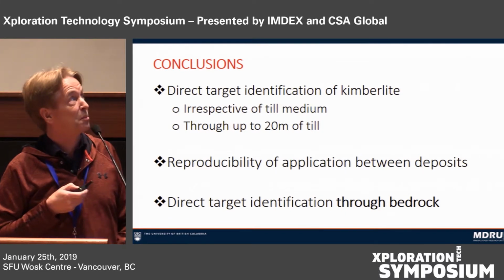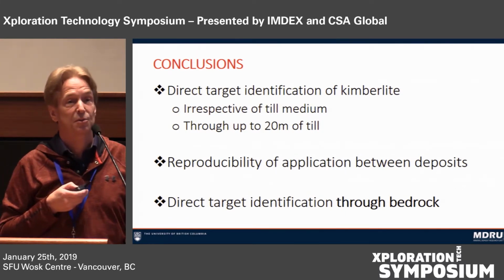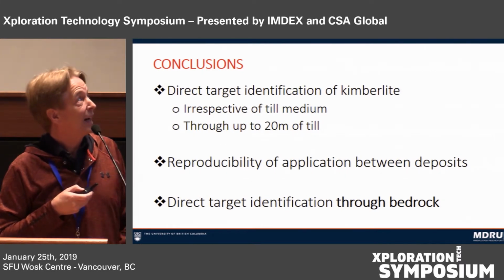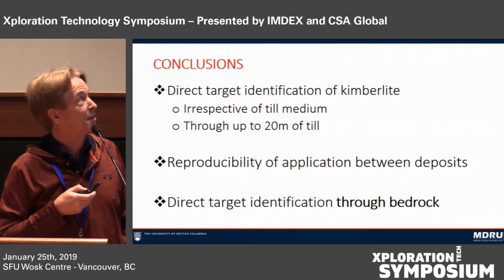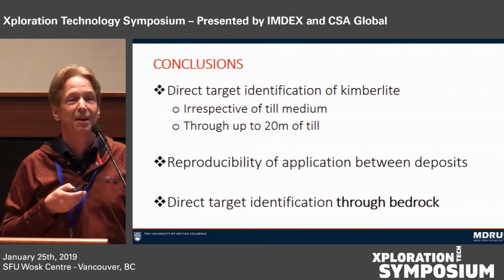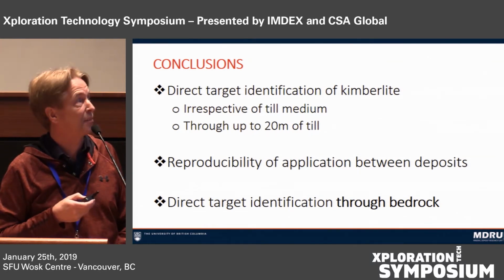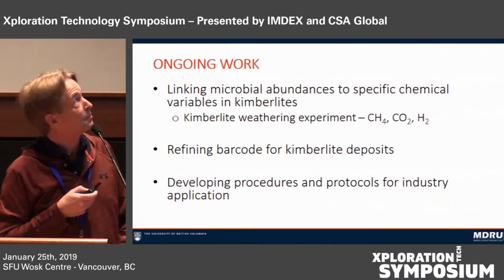We've got some reproducibility of the application between deposits. That's 2 separate kimberlites, both showing the same effect. And perhaps more exciting, we've got direct target identification through bedrock, so we can actually see that kimberlite through a considerable thickness of bedrock as well.